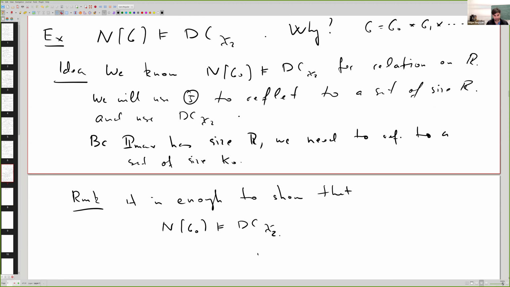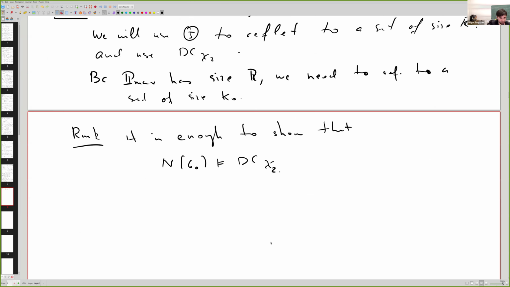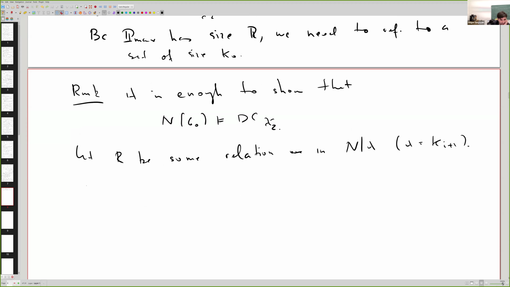Okay, so we fix now some relation. So let R be some relation in N up to lambda. So lambda is some kappa I plus 1, right? And now we go back to our picture.